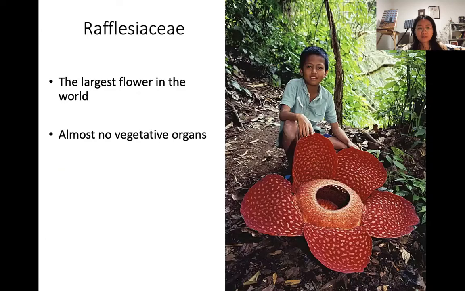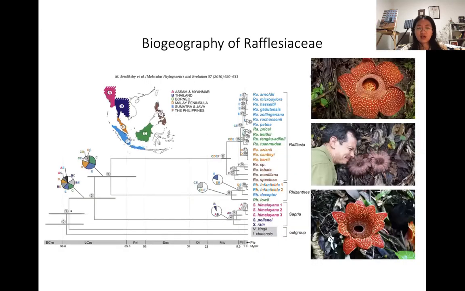And then, as we show here, there are 3 distinct genera within Rafflesiaceae. All of them, like Hydnora, produce a really unpleasant smell when they flower to attract carrion flies for pollination.